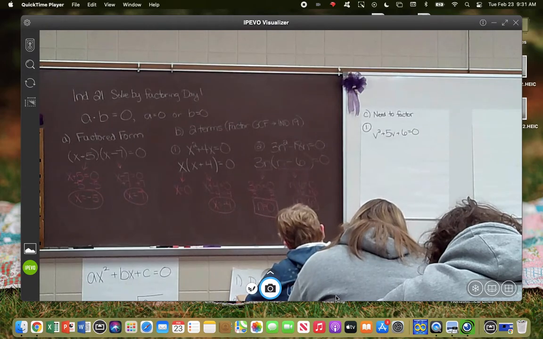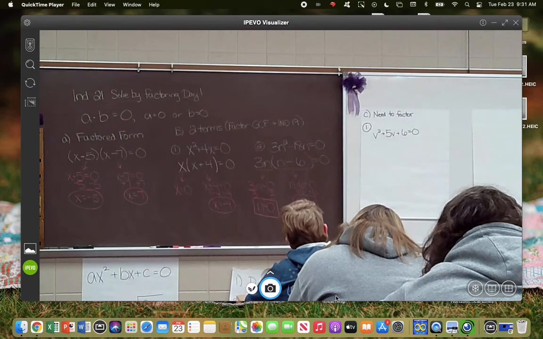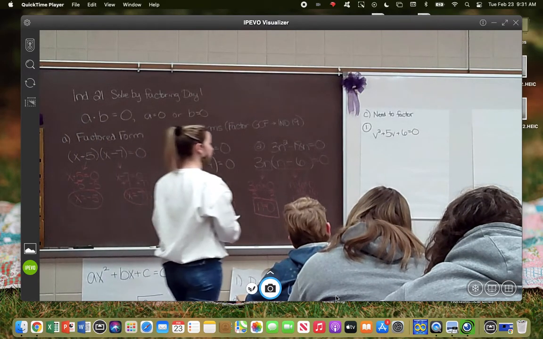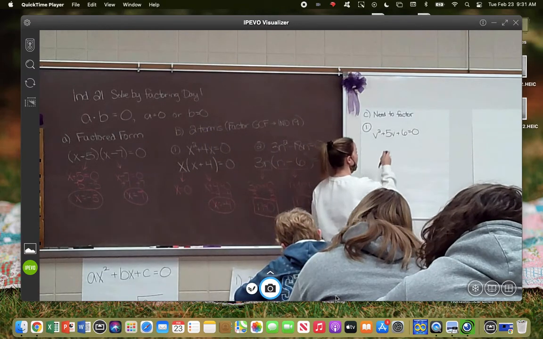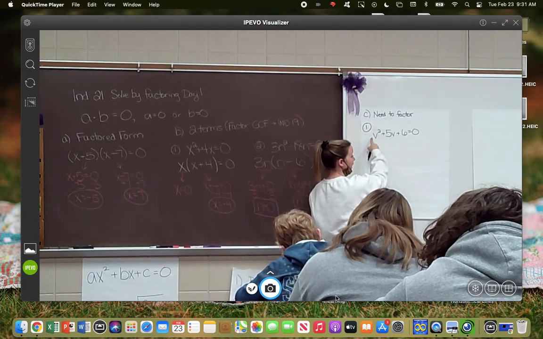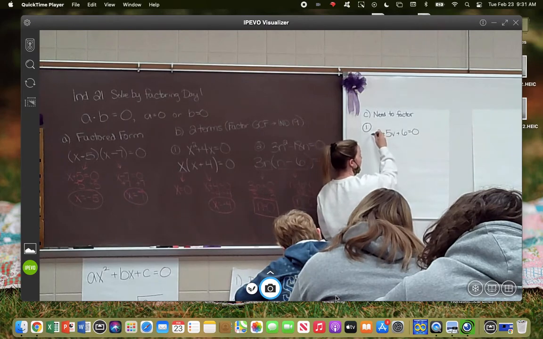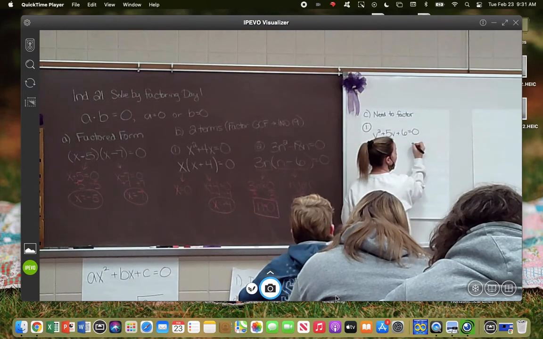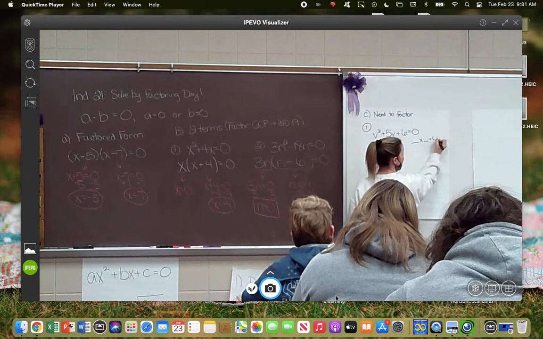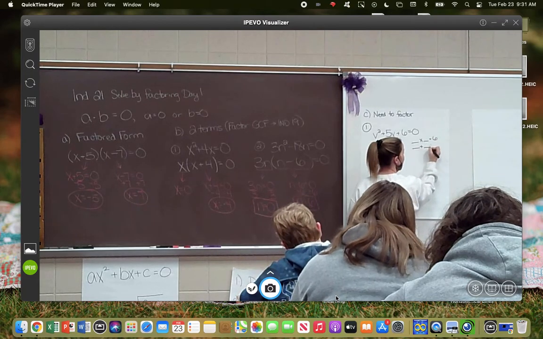All right, so we always want to figure out what multiplies to the first term times the last term. So what number's here? We just never write it. All right, so 1 times 6. So I'm going to try to figure out what multiplies to 6 and what adds to 5.